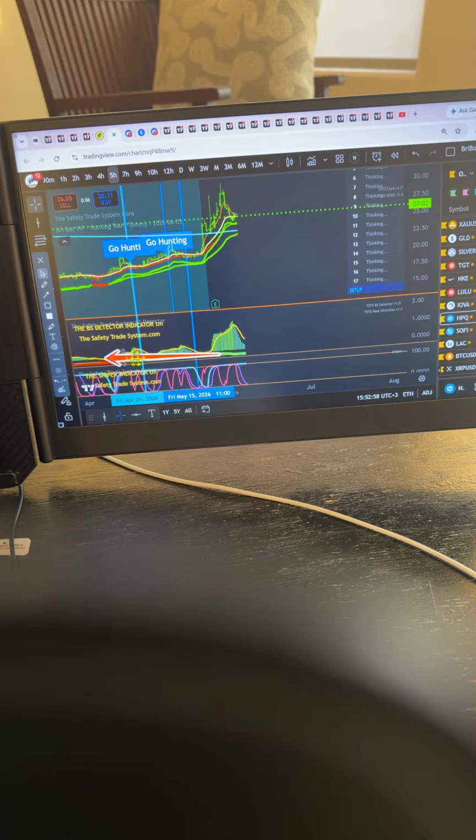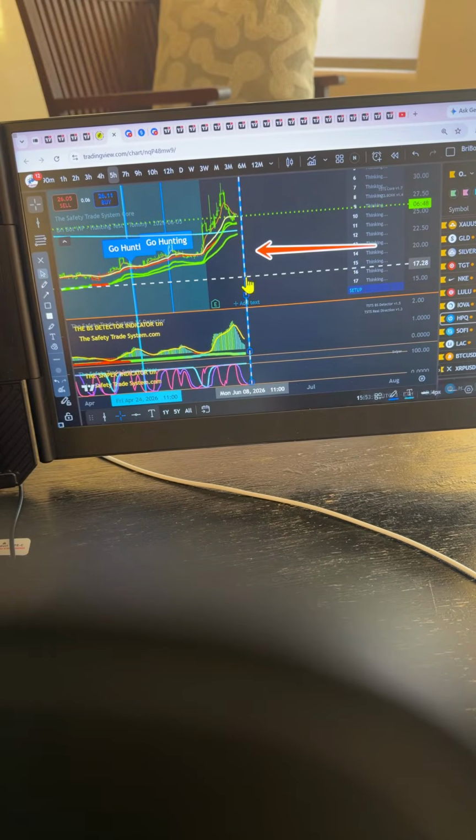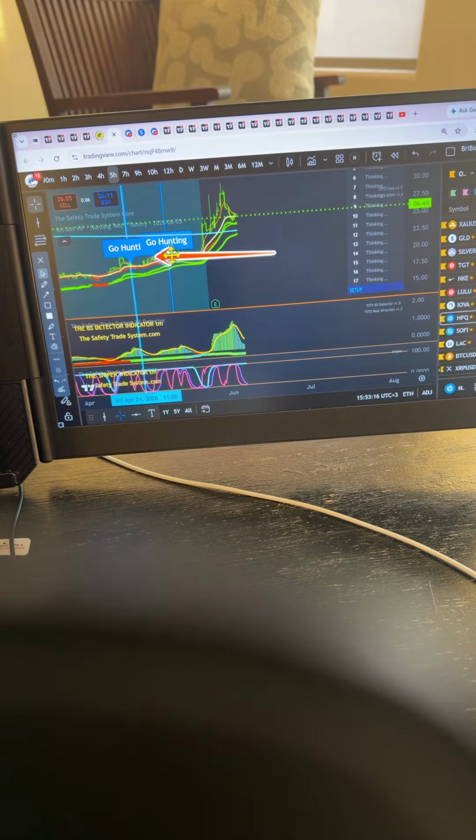The red, right, logo trade right here, go hunting, pink low. We can add in the purple if we need to. I just don't think we need to on the hourly, but if he puts that in, that's awesome. So boom, correct. This is a previous one. That's not part of this trade right there. That's just extra. Yeah, so then we have our 5-hour go hunting, 5-hour go hunting.